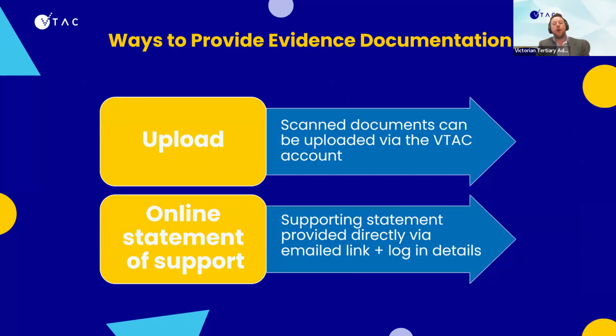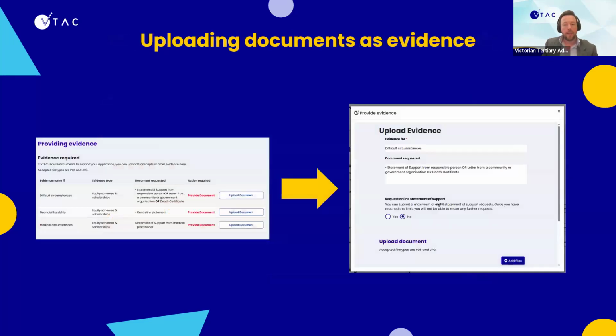There are two ways you can provide us with evidence. Neither is preferred by BTAC, it's whichever is more convenient for you. The first is uploading a PDF or scanned document. The second is to generate an online statement of support request. So to submit your evidence, you'll first need to head to the providing evidence part of your BTAC account, which is available from the top navigation bar.